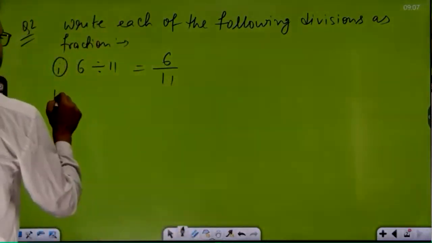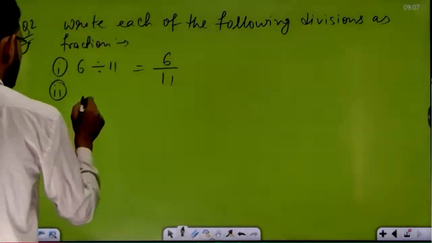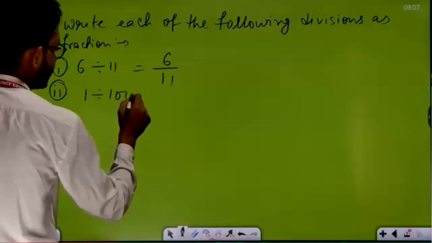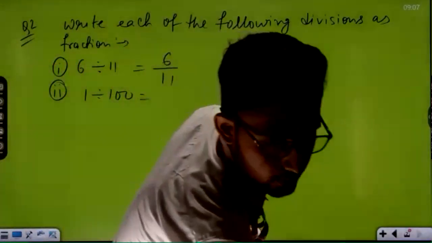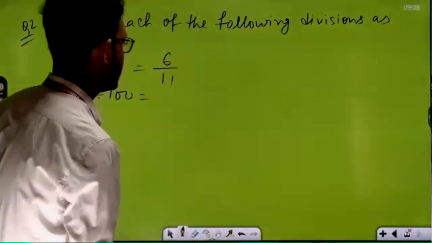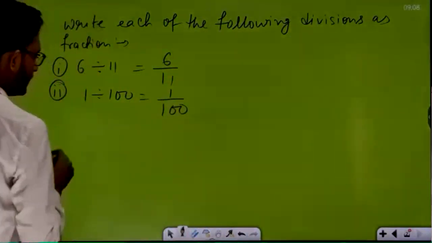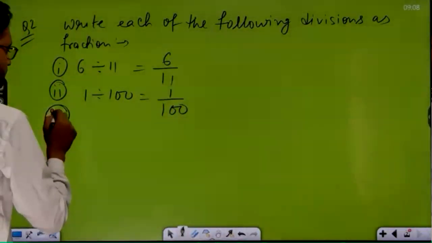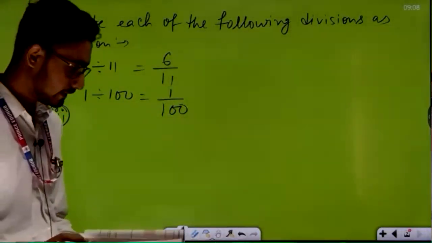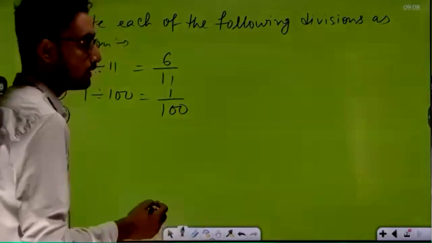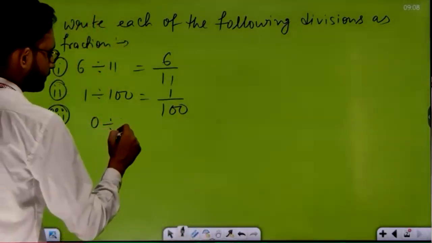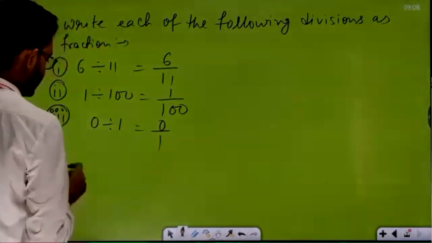Next, second part, 1 divided by 100. 1 divided by 100 means 1 upon 100. Next part, this is 0 divided by 1, so 0 upon 1.